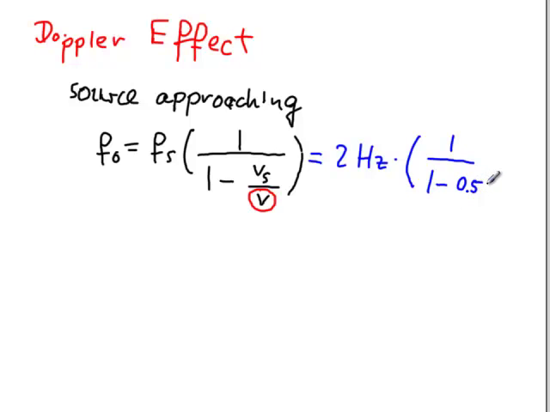So no matter what the velocity of the wave is, the ratio of source velocity over wave velocity is 0.52. For example, if we actually do have sound, as we heard there, 330 meters per second roughly, then the source velocity would be roughly 165 meters per second. But they already gave it to us as a ratio.